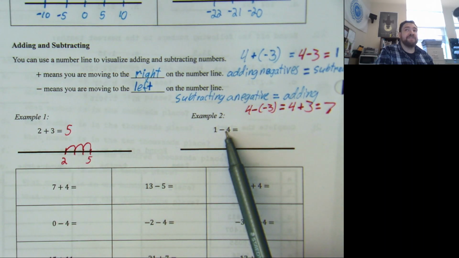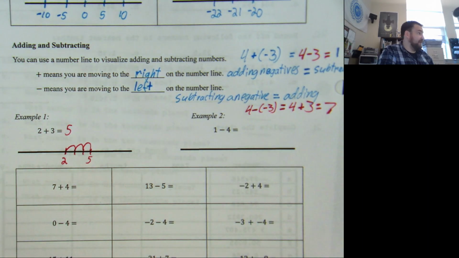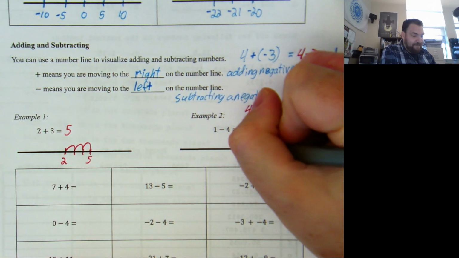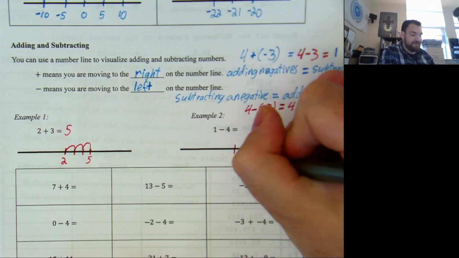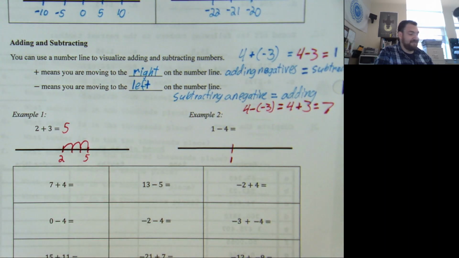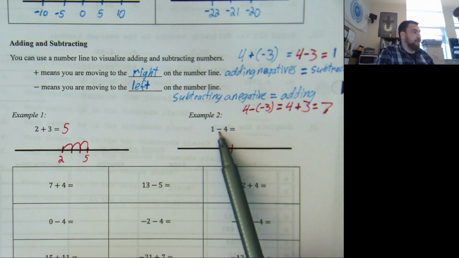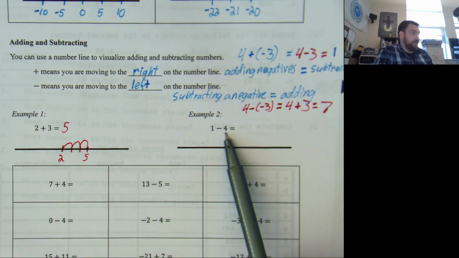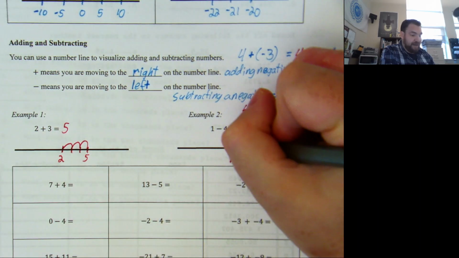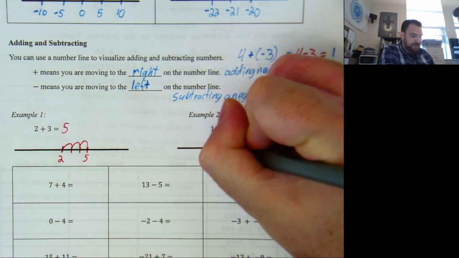Likewise, if I have 1 minus 4, let's use a number line to model it. I'm going to start wherever my expression starts, here at 1. Because we're subtracting a number, which way am I going to go? I'm going left. How far? I'm going 4 to the left. So we're going to start at 1, and go 1, 2, 3, 4.